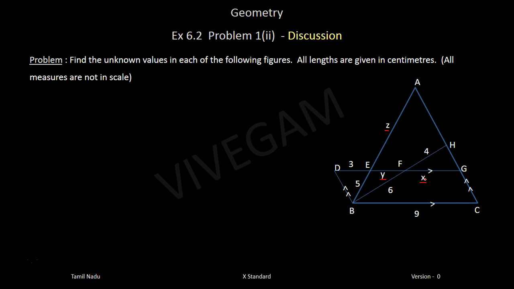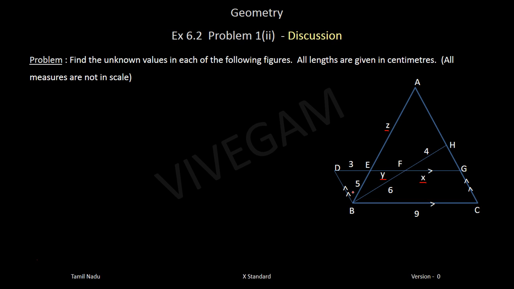Then, from that you will be able to get AE divided by AB. We cannot go to this side because nothing is known on this side, right? So we'll have to stick to only this side. The ratio of the corresponding sides are equal, but there also you will have to have 3 measurements. Then only the 4th measurement can be calculated. So that's the reason I'm not going to this side at all, because you don't have any measurements on this side.